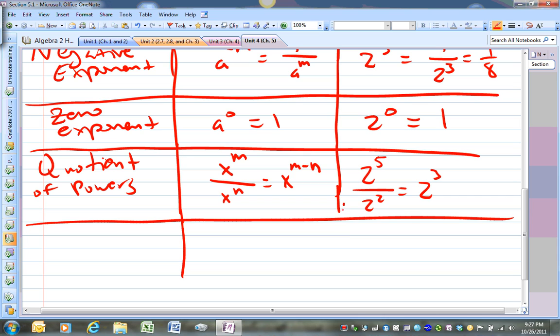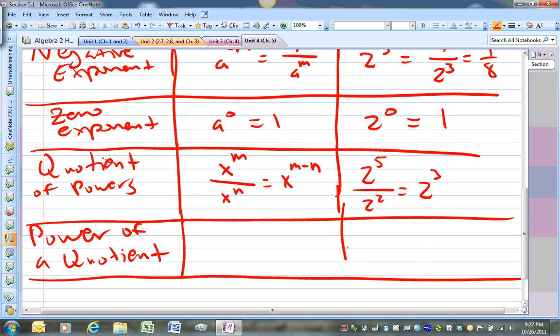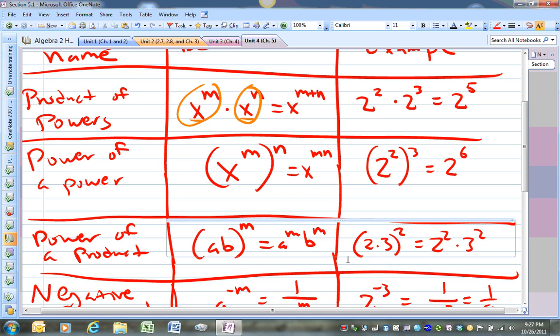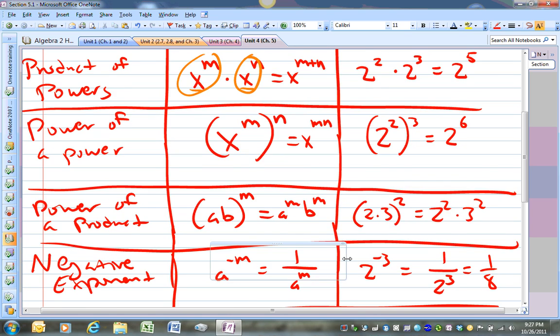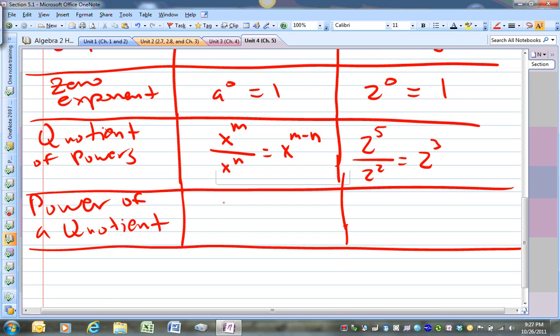Okay, last property, and then we'll do some examples. Power of a quotient. Just like the third one, power of a product, if you have 2 numbers being divided and you raise that to an exponent, it's like distributing that to both.